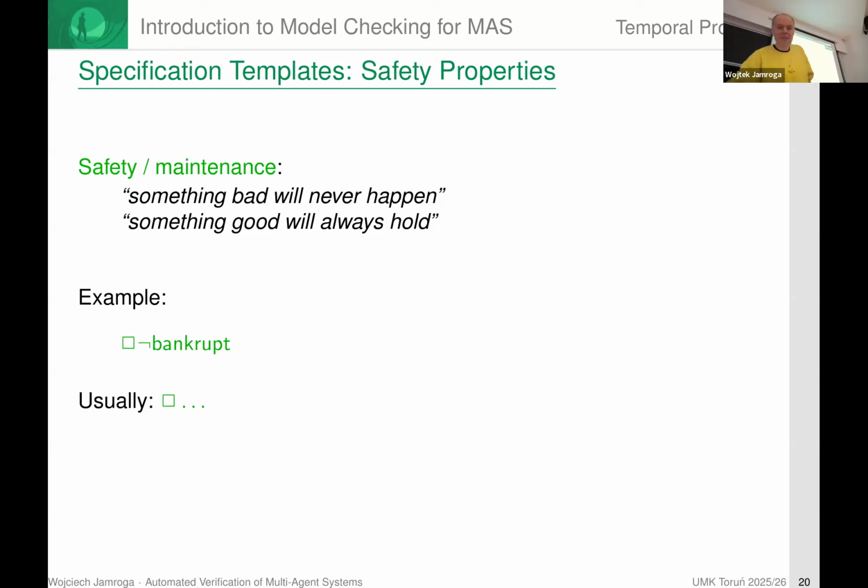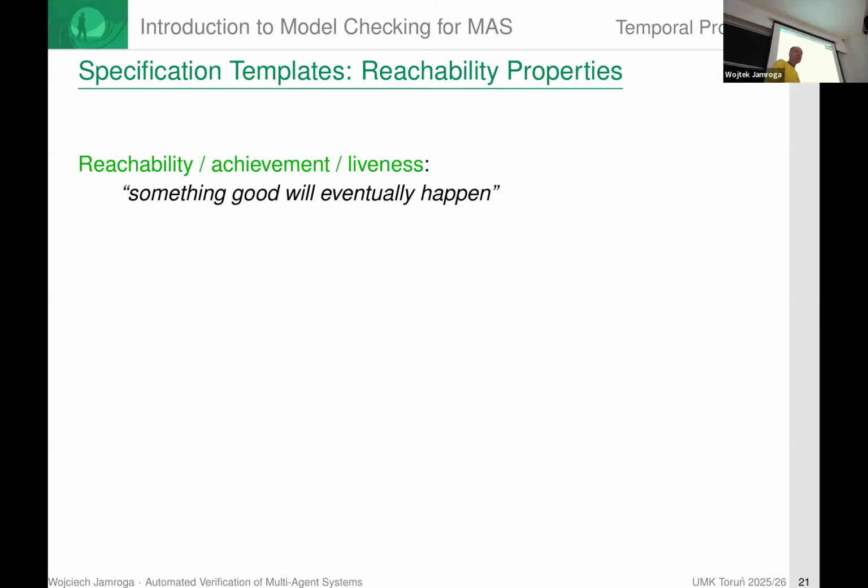So this formula here says it must always be the case that not bankrupt, that I am not bankrupt. Okay, reachability, something good will eventually happen. So for instance, if I go to the polling station, I will eventually be allowed to cast my vote.